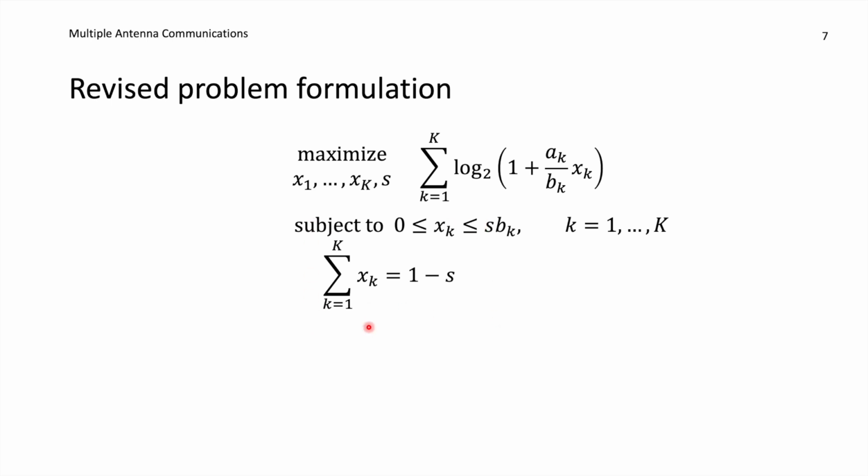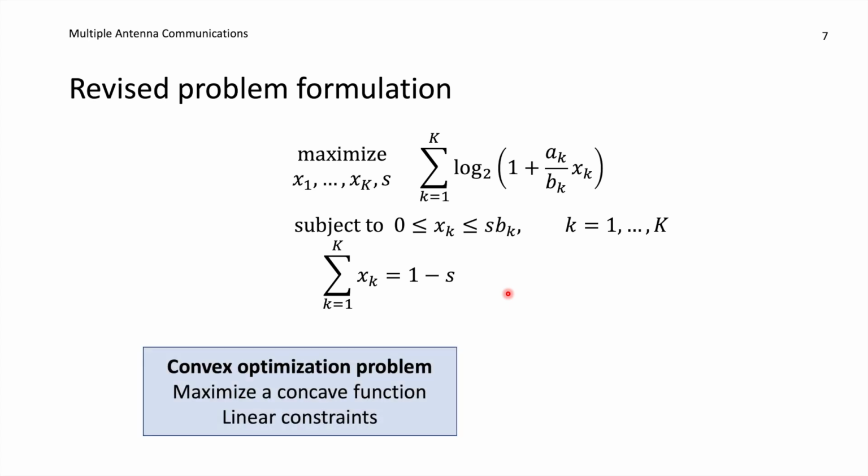This problem formulation resembles the downlink problem, where we also had a similar thing to maximize, but we have more involved power constraints looking like this. So there is no simple solution that we can just write up directly, but we can notice, if you are familiar with convex optimization theory, that this is a convex optimization problem.